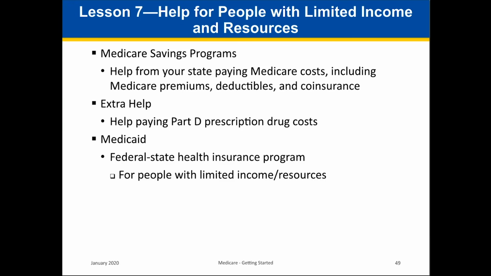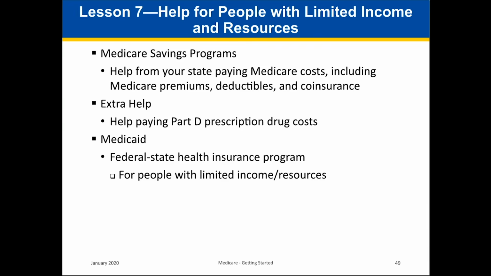These include the Medicare Savings Program, Extra Help, and Medicaid. We recommend that people apply for these programs if they have limited income and resources, even if they aren't sure they would qualify.